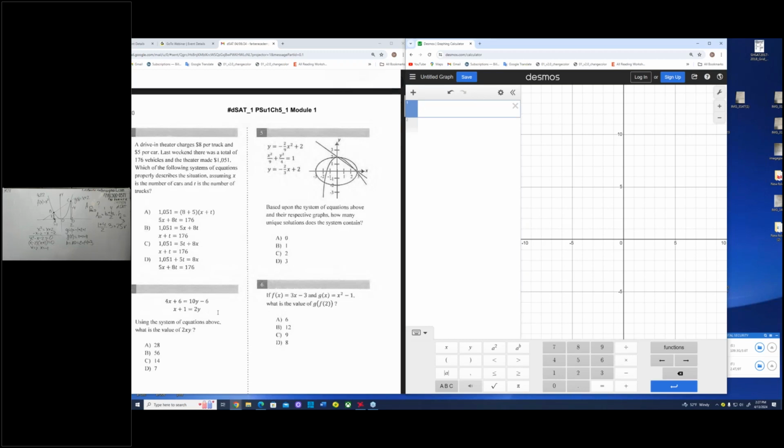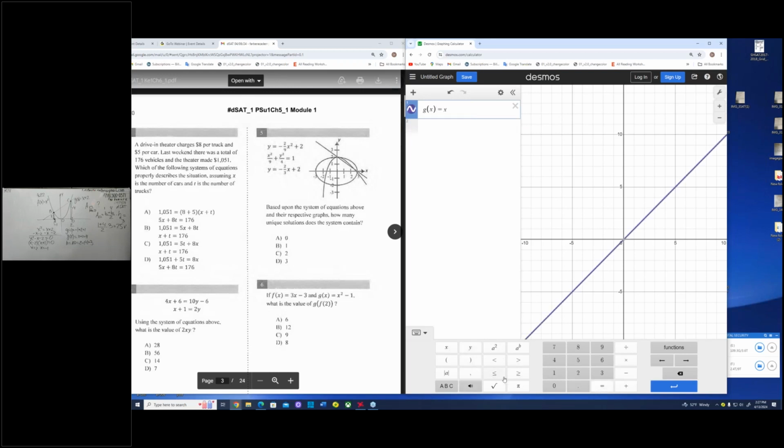For number 6, you can type here g of x equals x to the second minus 1. Order is not important.